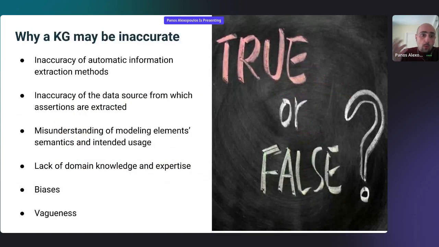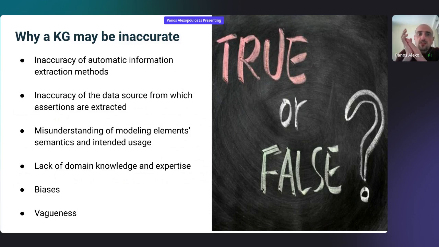Now, why may a knowledge graph be inaccurate? Why may it contain false statements? One reason has to do with knowledge graphs that are populated and constructed automatically, where we use automatic information extraction methods, either from text or from other structured resources.